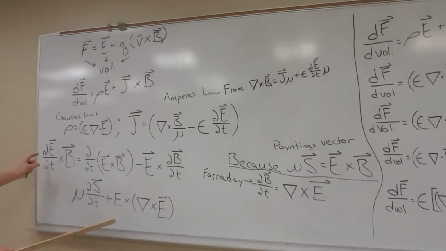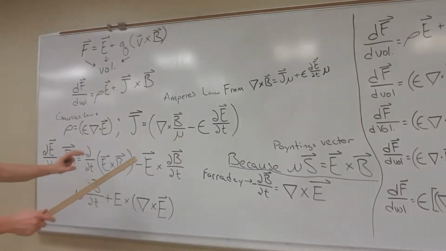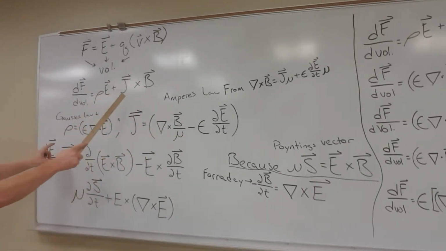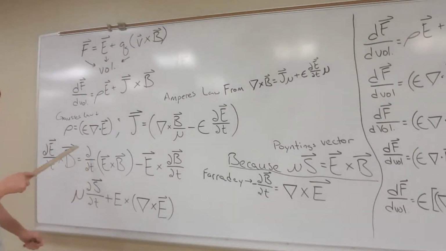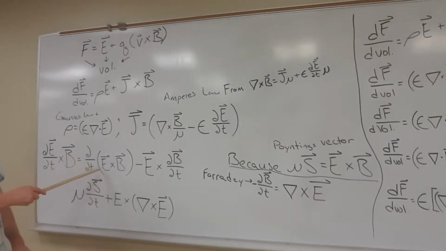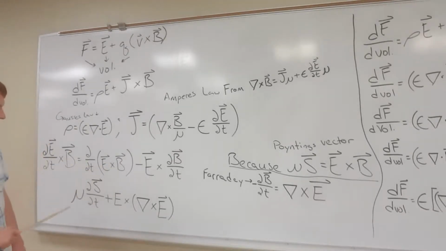So now, if we put that into here, we'll end up crossing the change of the E field with respect to time with the B field. And we can expand that out to say this statement right here, the change of the cross of the E and B field with respect to time.